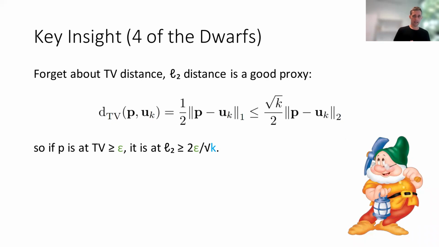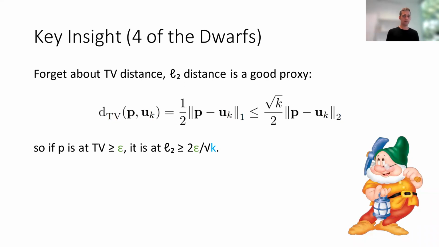Why is that? Well, you have the Cauchy-Schwarz inequality that says that if you are at total variation distance at least epsilon, then you are at L2 distance at least something much smaller, but at least epsilon over square root k, like 2 epsilon over square root k. And this is just using the Cauchy-Schwarz inequality. So that's good.